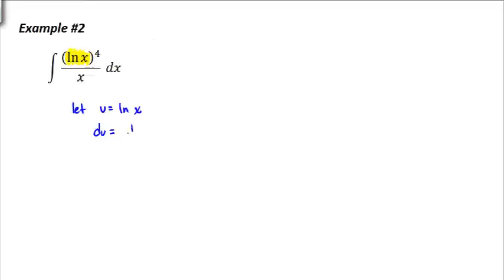We see du is 1 over x dx, which we have. Maybe we don't see it right away, but I think by now we're probably comfortable with seeing this as 1 over x times the natural log of x. So there's our composition. There's our factor of 1 over x dx.